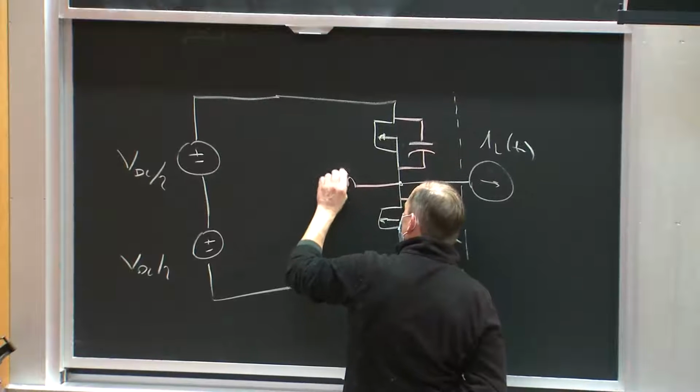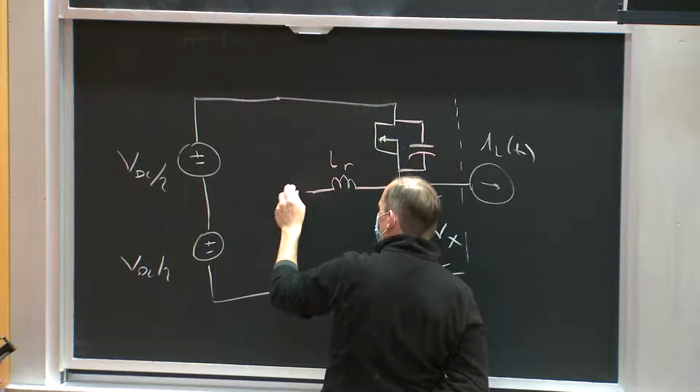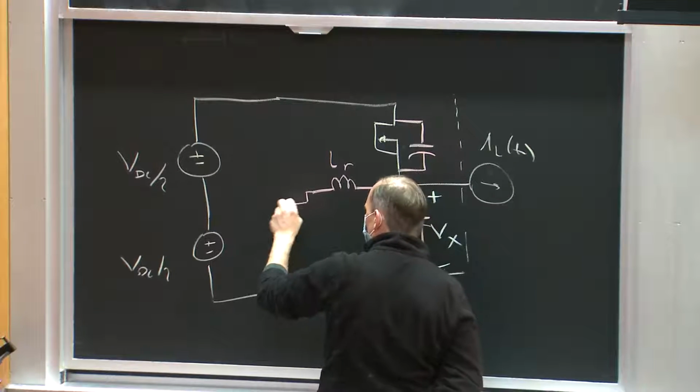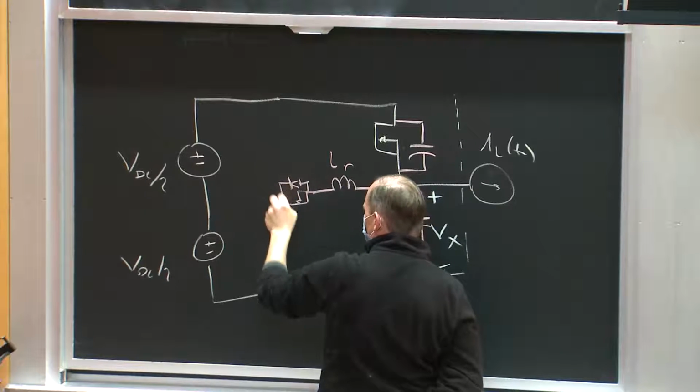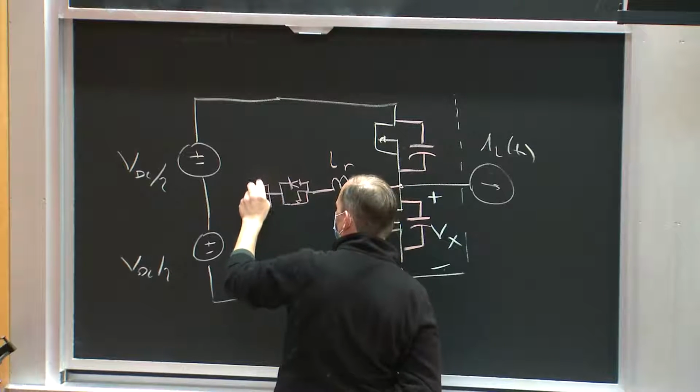I'm going to add a resonant inductor, LR, okay, and then maybe a pair of back-to-back switches. I'll draw it as a pair of back-to-back switches, just to be clear. If I had a bidirectional switch, I could do this with a bidirectional switch, but maybe I'll do it like this.